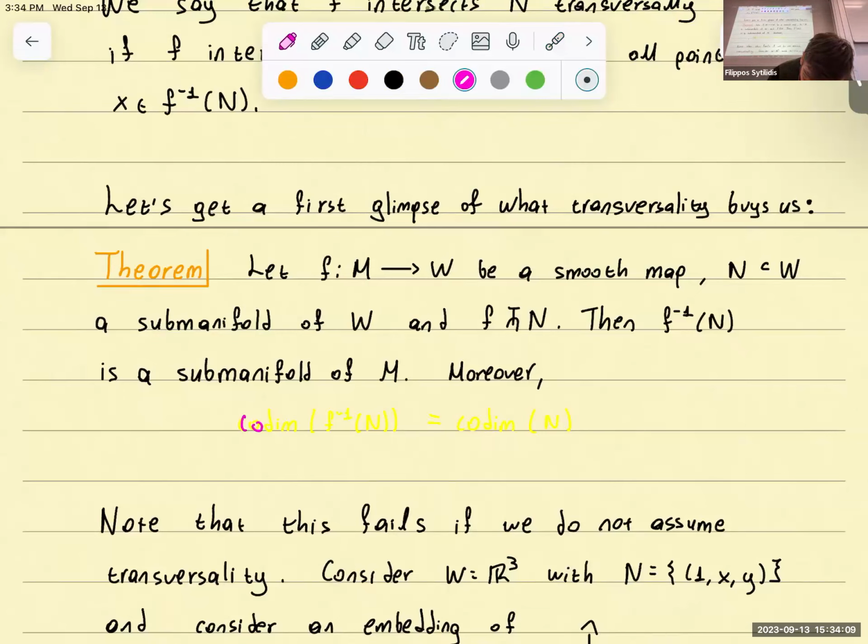We know what the codimension of that submanifold of M should be, and it should be the same as the codimension of N in W.